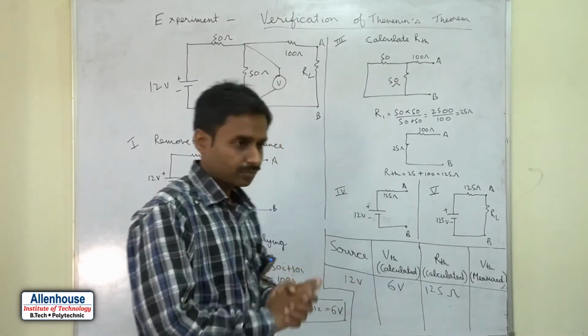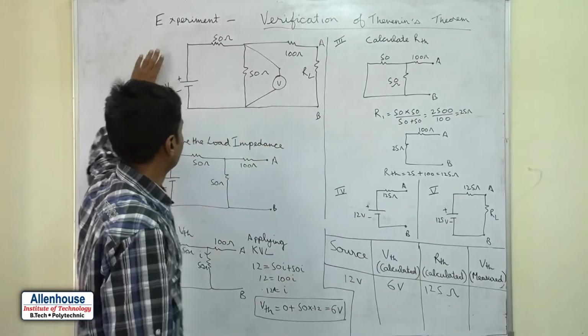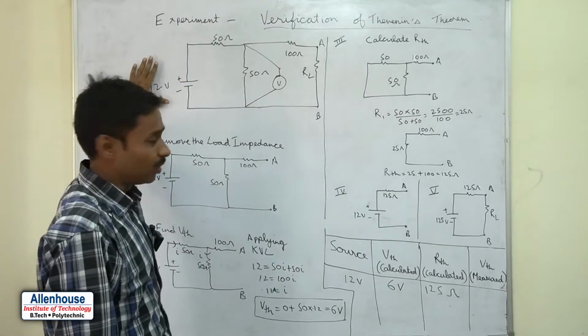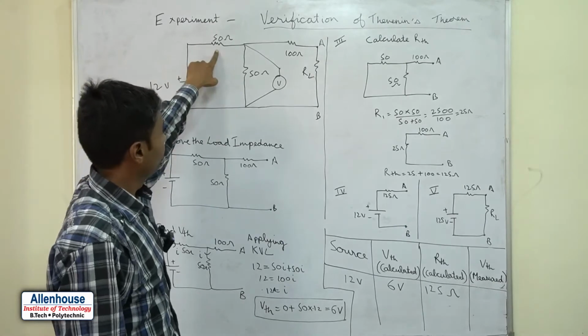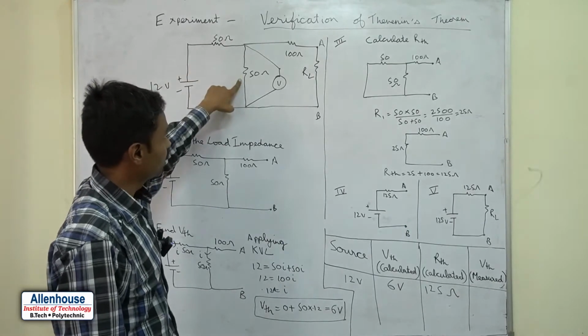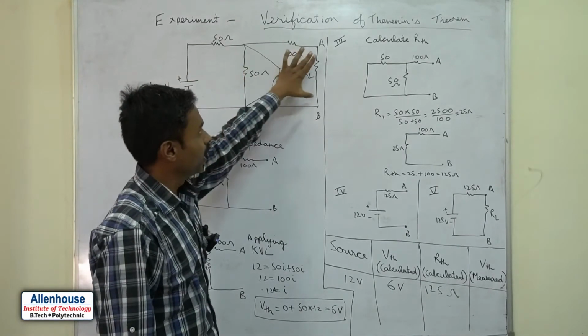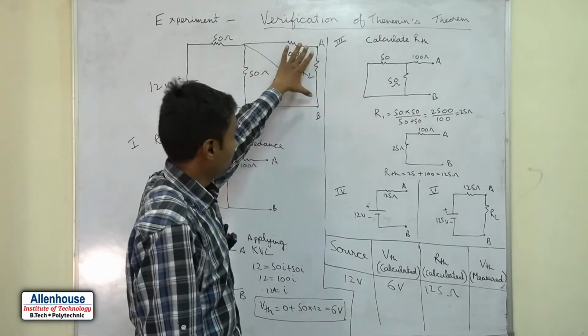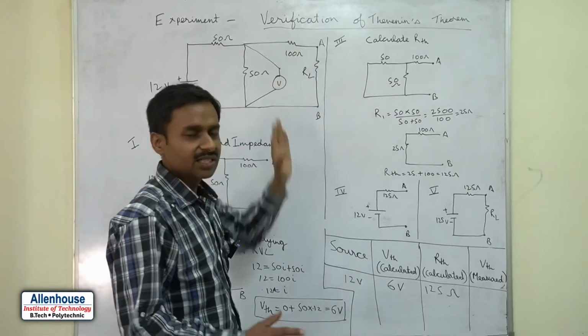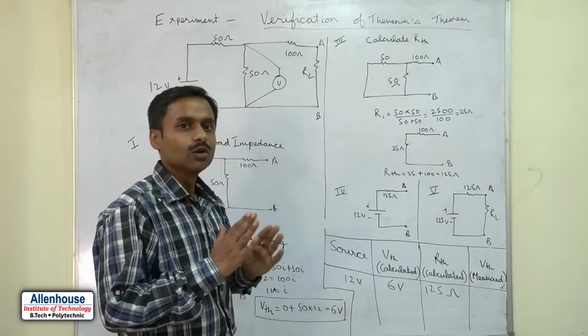So we have taken a 12 volt DC source, a 50 ohm resistance here, and a 100 ohm resistance here, and we have to calculate the Thevenin equivalent across A and B. It means that A and B are the load terminals.